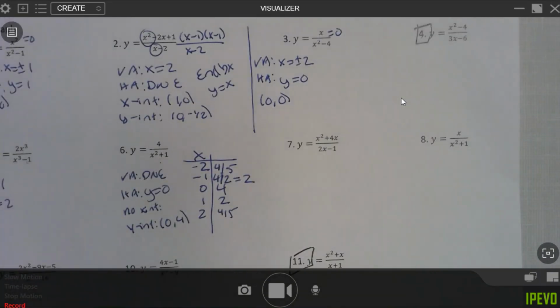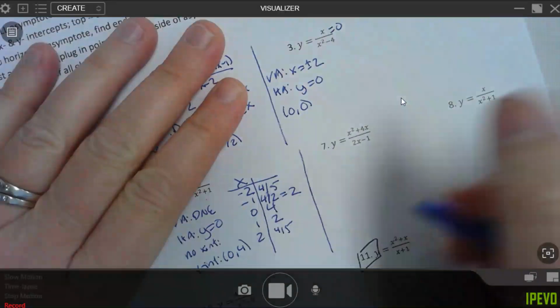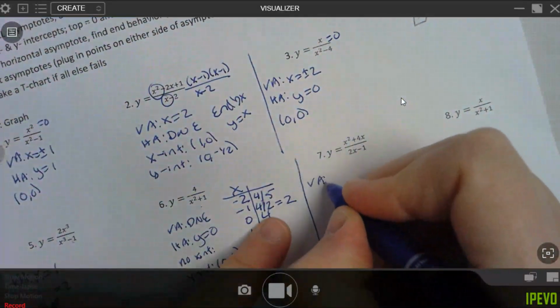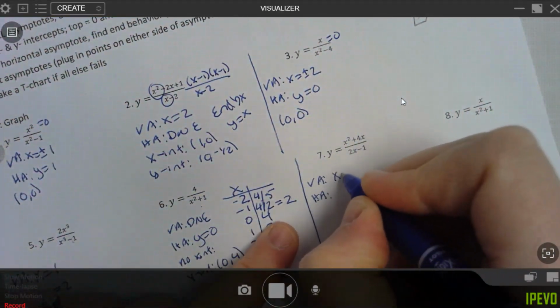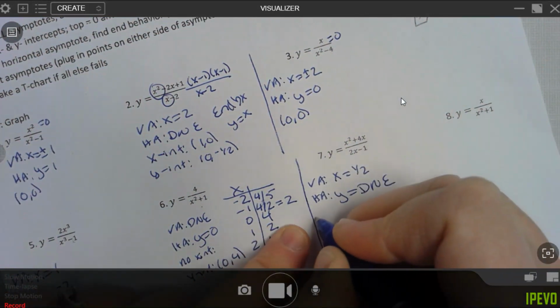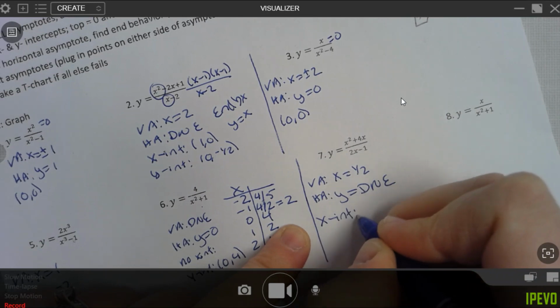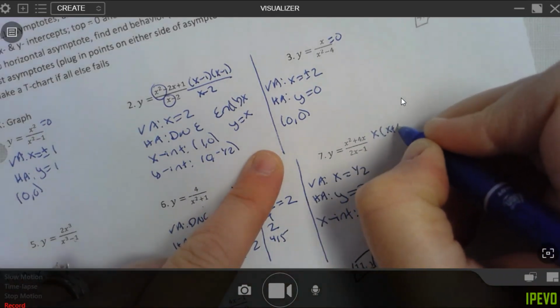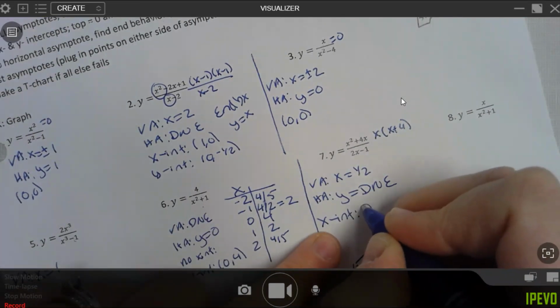So why don't you guys pause the video and find your VA and HA for 7, 8, 9, and 10. Come back here and make sure you get the same thing I got on all of them. I'm going to try to quickly work through them on here since I don't have a pause button. When you factor this right here, it gives me an intercept of 0, 0.